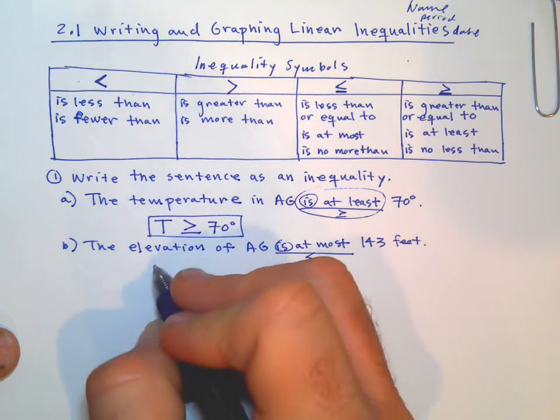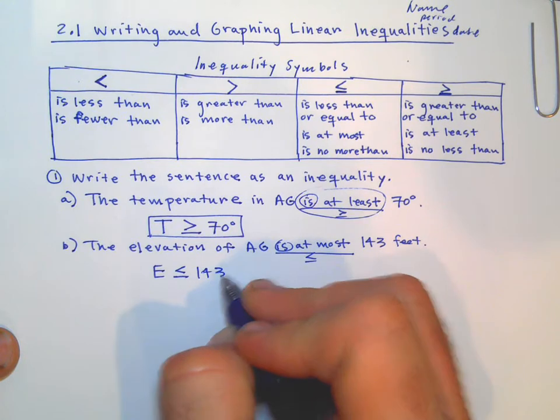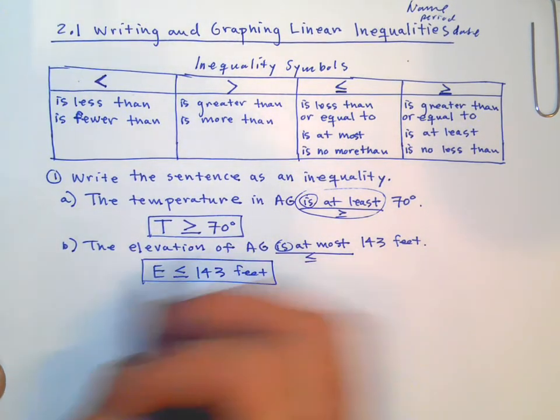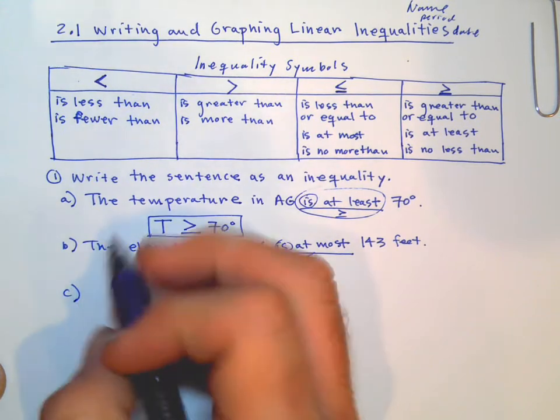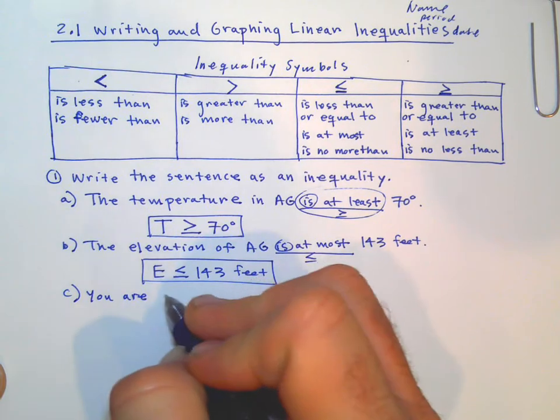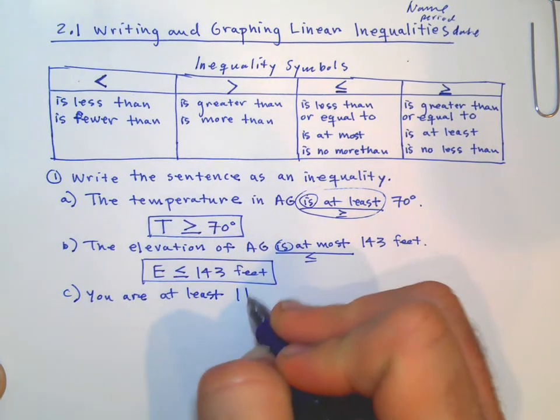So is at most, that's going to be less than or equal to. So I'm going to do E for elevation. The elevation is less than or equal to 143 feet. C, you are at least 14 years old.